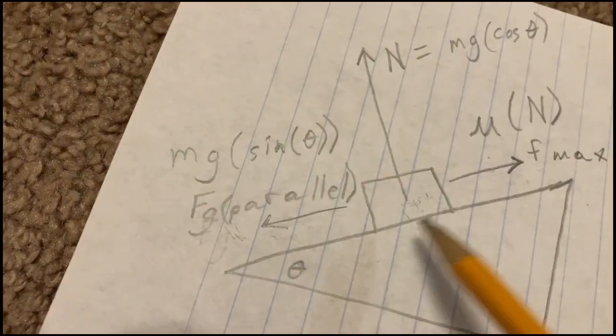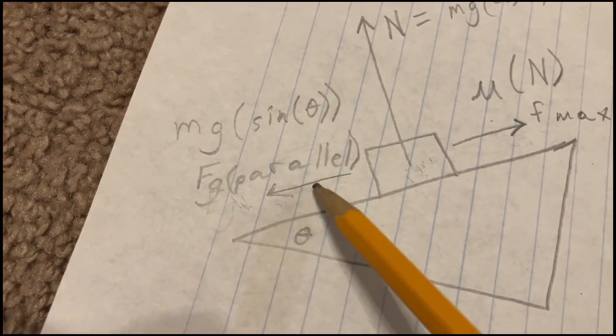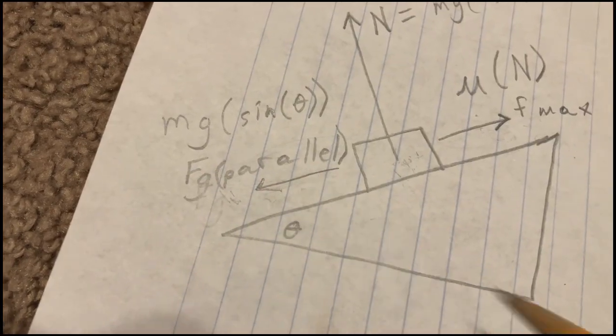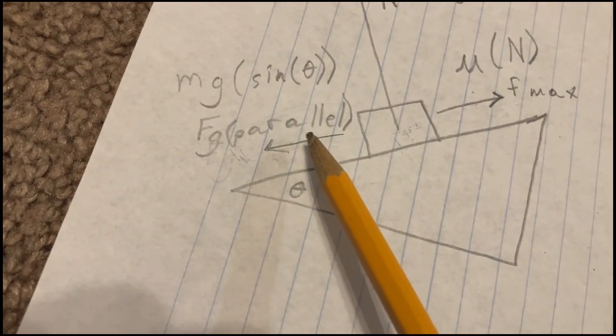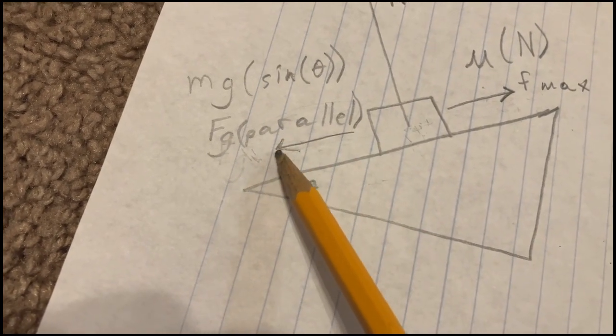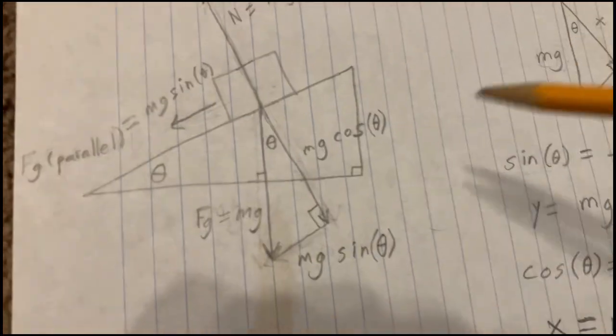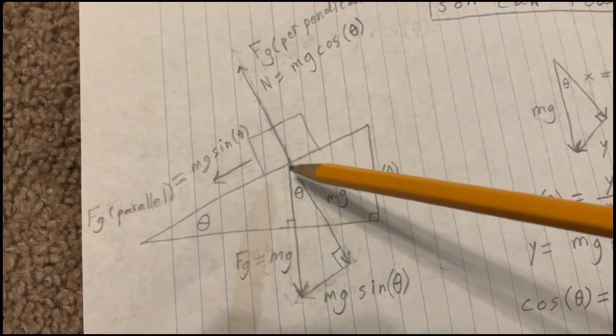So, first of all, let's figure out what the parallel component of the gravitational force is. And here's a force diagram. Here's the block.